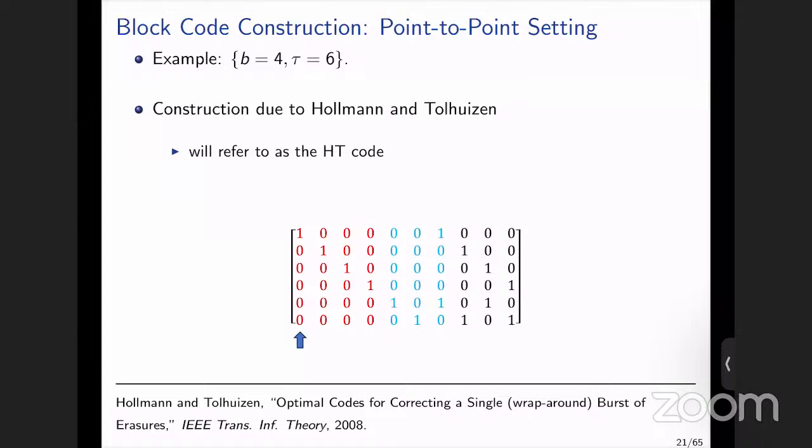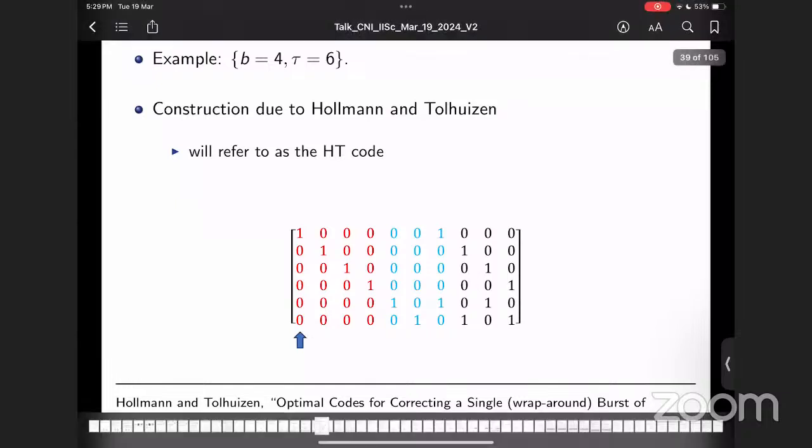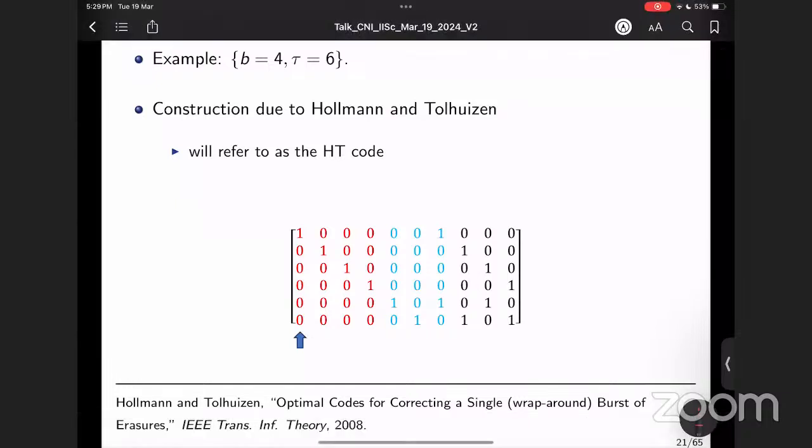I'll be following the notation 0, 1, 2, 3 for the code symbols. Right now I'm talking about recovering the 0th code symbol, which corresponds to this column of the generator matrix. Because of the delay constraint, tau equal to 6, I can go only 6 places after that. So I can go only till this point, and look only at this part.